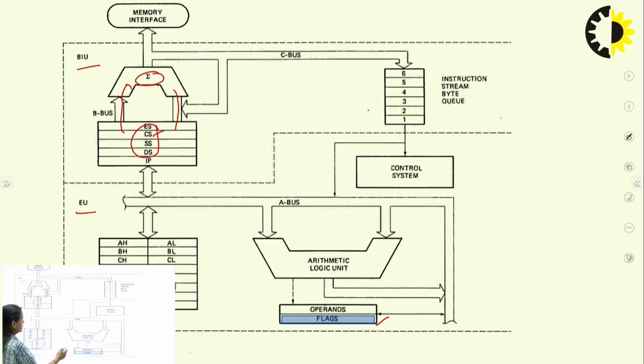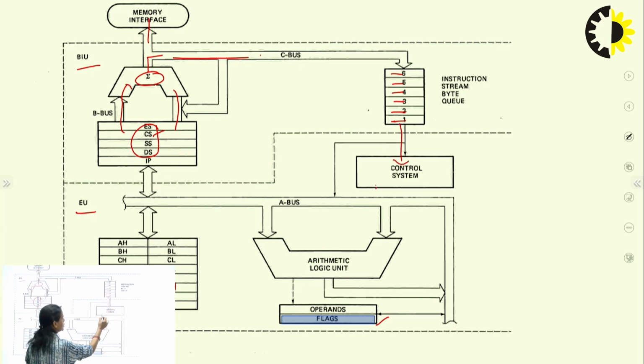Here the address will be calculated, then that address will go through the address buses, then all the instructions will be fetched and stored in these registers. When the instructions get stored in this queue, they will come to the execution unit.